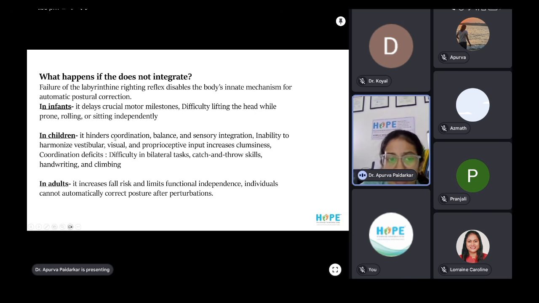In children, it hinders coordination, balance, and sensory integration, with inability to harmonize vestibular, visual, and proprioceptive input, and increases clumsiness. There will also be a coordination deficit, with difficulty in bilateral tasks, catch and throw skills, handwriting, and climbing. And in adults, as we saw, there will be increased fall risk and limited functional independence. The individual cannot automatically correct posture after a perturbation.